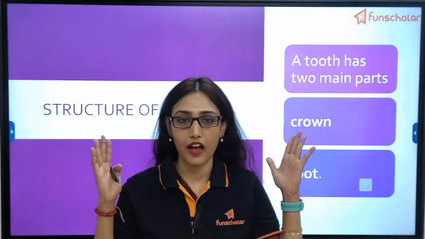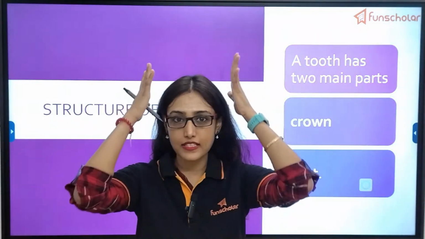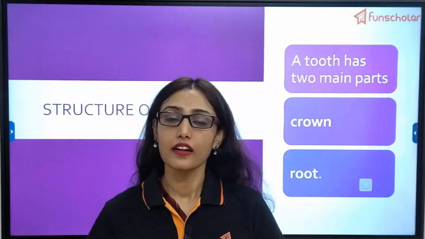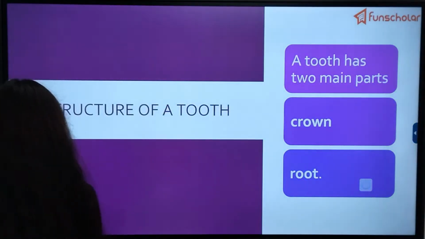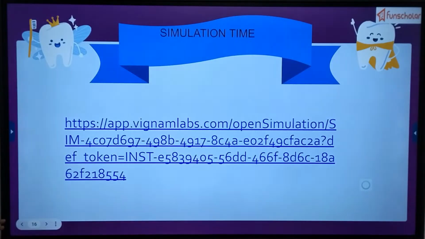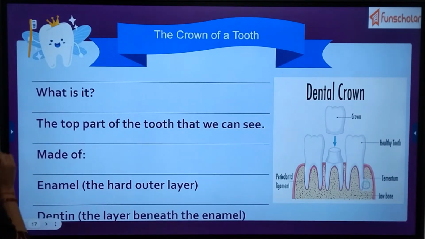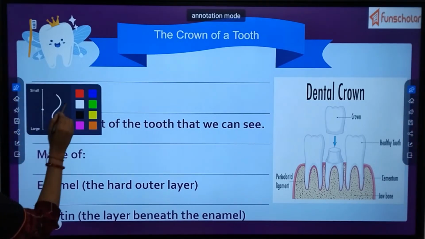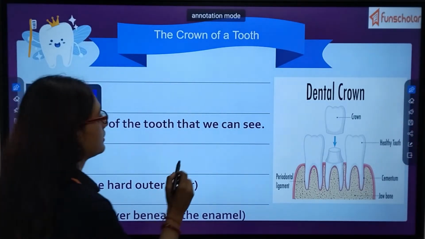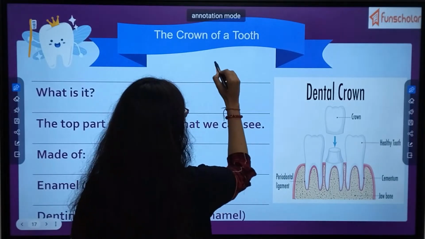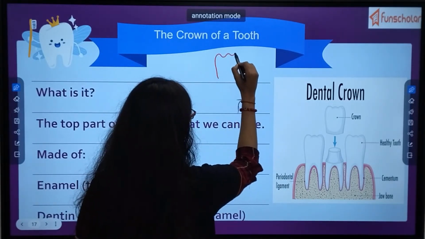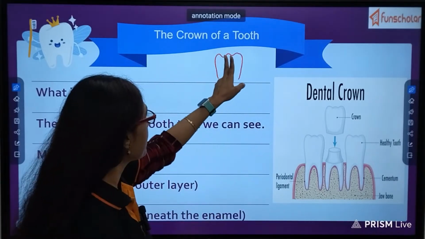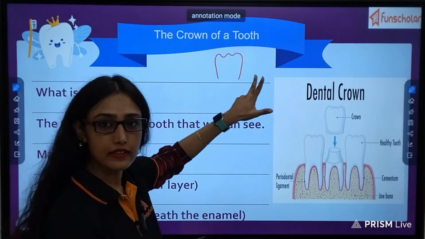Now, what is this crown? Listening to the word crown, it seems like a crown being worn. Who wears the crown? The king wears the crown. So, why crown? Just see. The upper part of the tooth is like this.